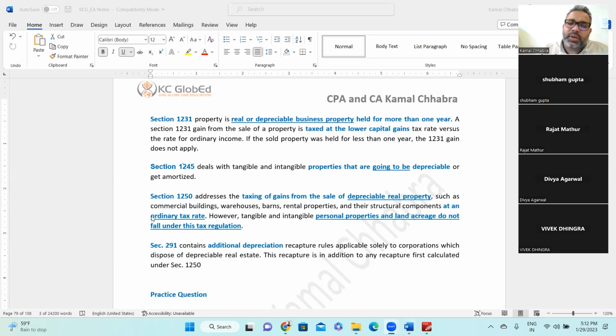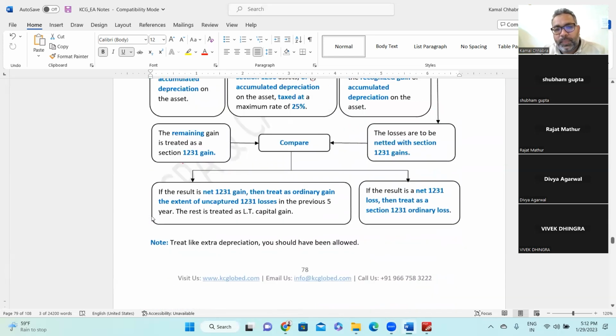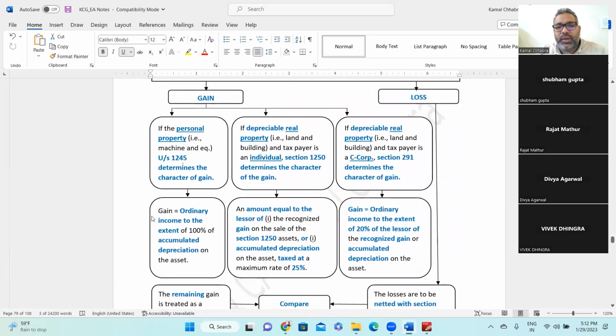Personal property or land do not fall under this category. It's only for depreciable real property, which can be taxed at the ordinary tax rate.